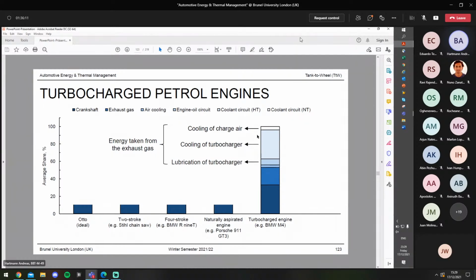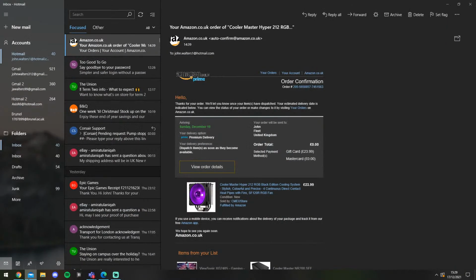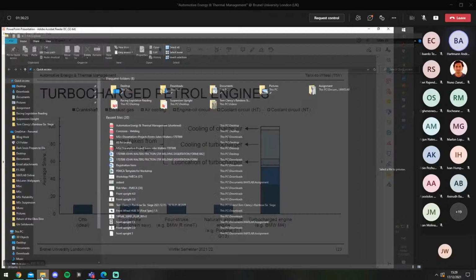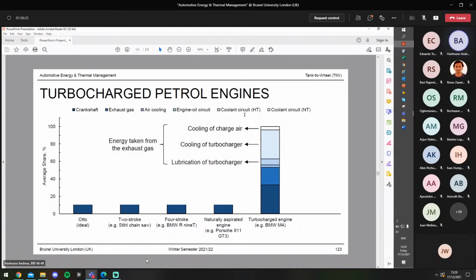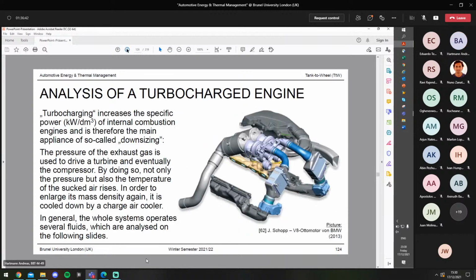Also the heat dissipated by the coolant circuit changes. The cooling of the turbocharger also adds additional heat to the coolant circuit, and the portion of the engine oil increases as the lubrication of the turbocharger, and therefore also the heat transferred to the engine oil circuit becomes bigger.